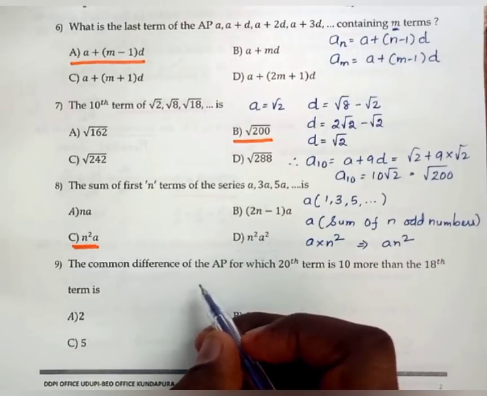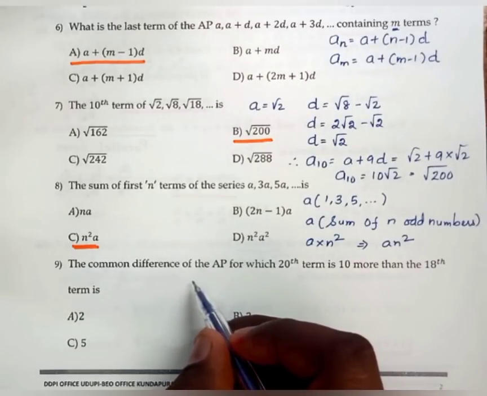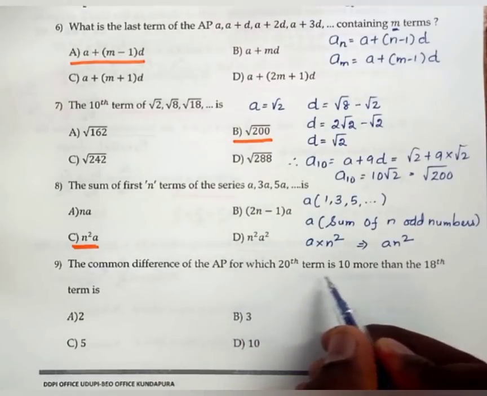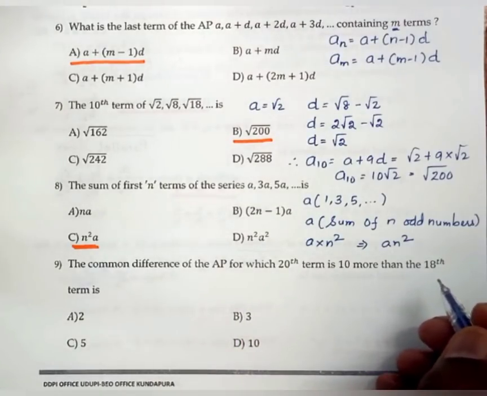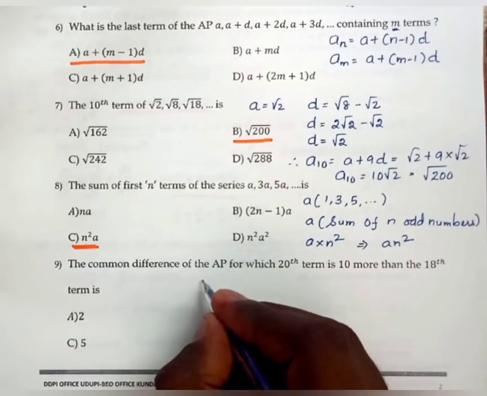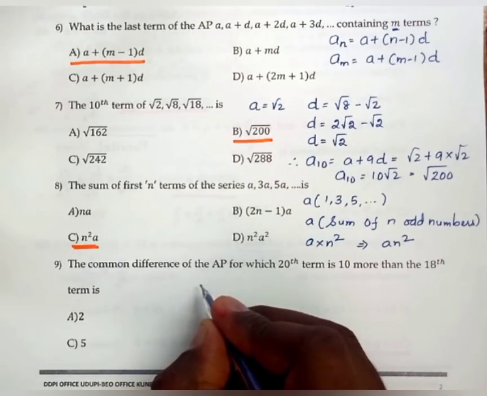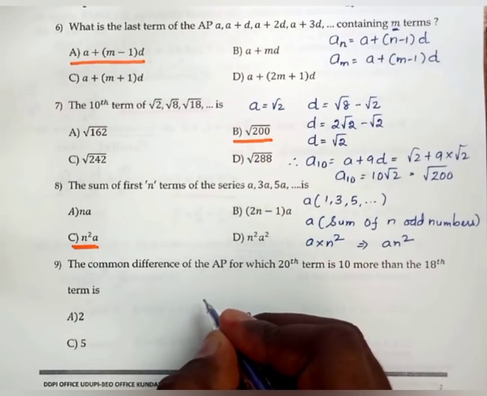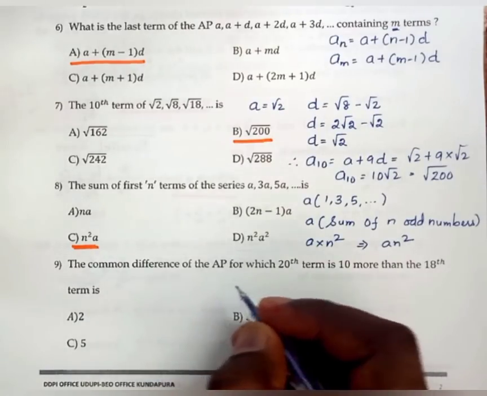Ninth question. The common difference of the AP for which the 20th term is 10 more than the 18th term. Therefore, A20 equals 10 plus A18.